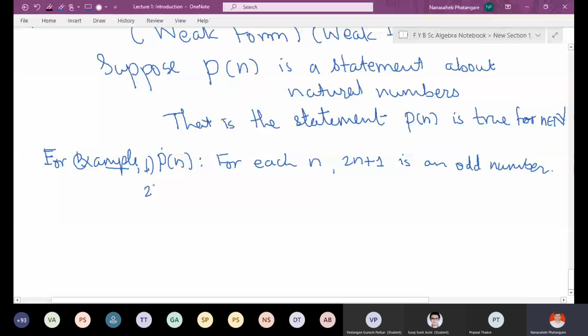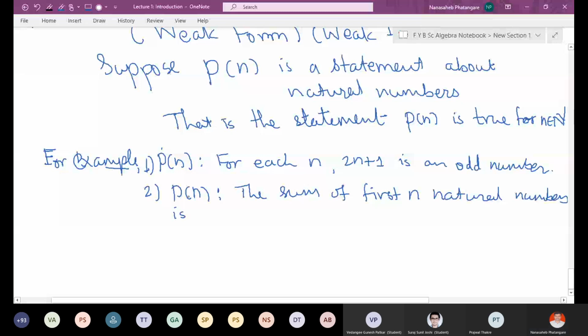You can have another statement. For example, my statement Pn about natural numbers is: the sum of the first n natural numbers is n into n plus 1 divided by 2, which you have already used somewhere at some point of time.